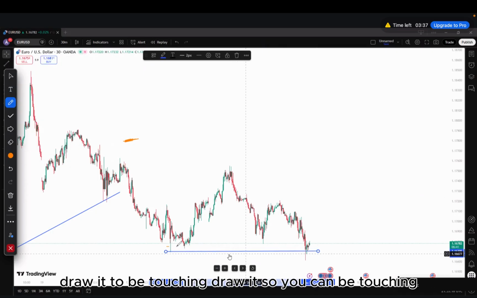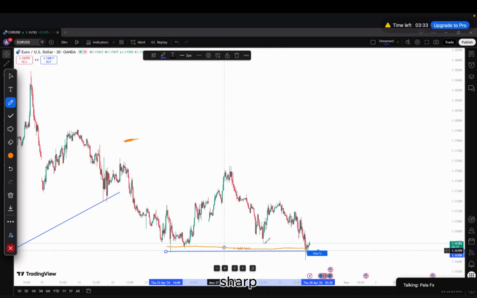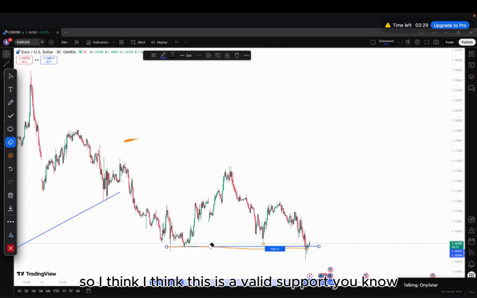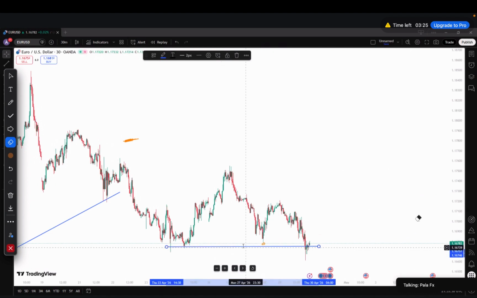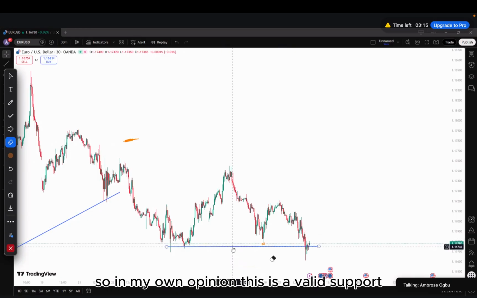Draw it so it can be touching. Yeah, sharp. Let me delete my own. I think this is a valid support. If you come up small, let's see if you touch this particular one. Yeah, sharp. So in my own opinion, this is a valid support.